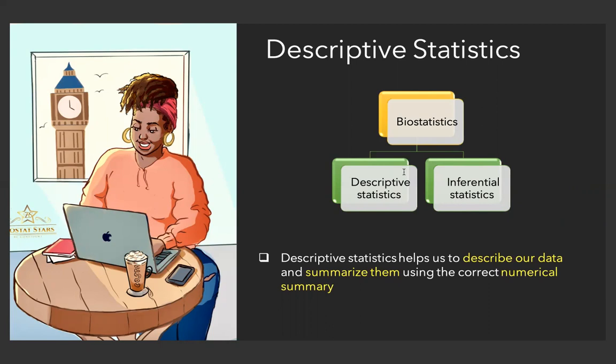We talked about the scales of measurement. We also talked about data. Data can be qualitative, it can be quantitative. How do we summarize the data? We can use graphs, we can use numbers. So we've talked about all of these things. Now in the next video, we're going to start talking about descriptive statistics and you would understand what that is.